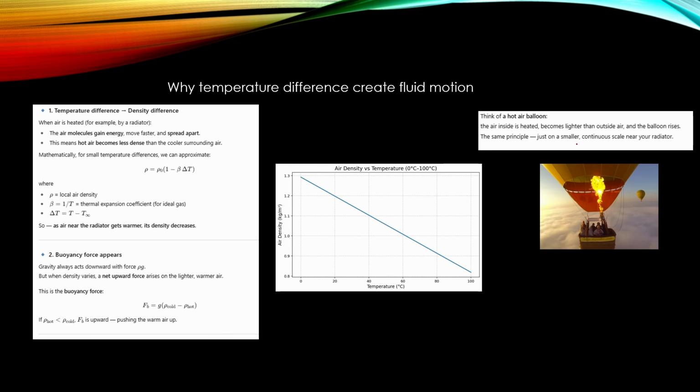We have a hot air balloon, and we are warming up the air inside this balloon, so we will have a density difference between our balloon and environment, and it means that we have this buoyancy force upwards and we can fly.